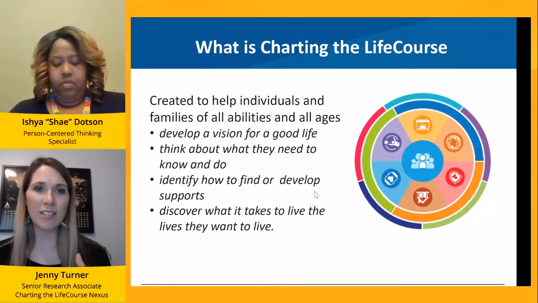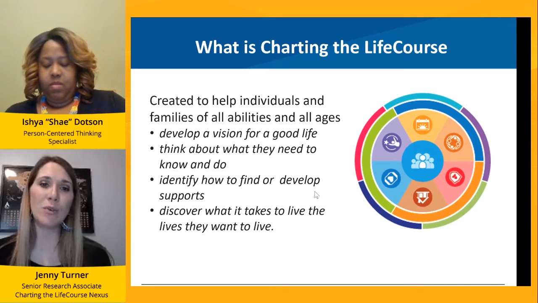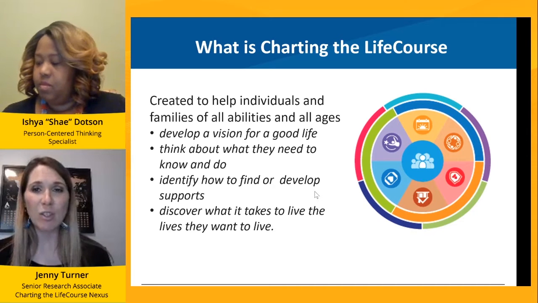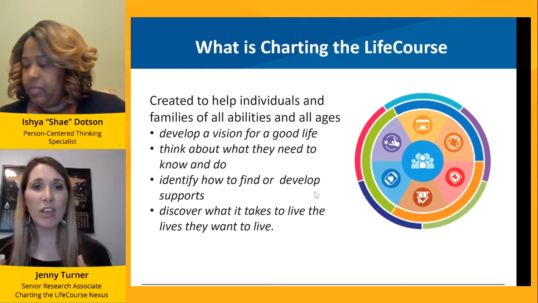and that framework? Absolutely. So the Charting the Life Course framework was really created to support individuals and families of all ages and all abilities think about the kind of life that they want and the steps that they might need to take to get to that vision of a good life. So we think about lots of different aspects related to what does a good life look like to us?